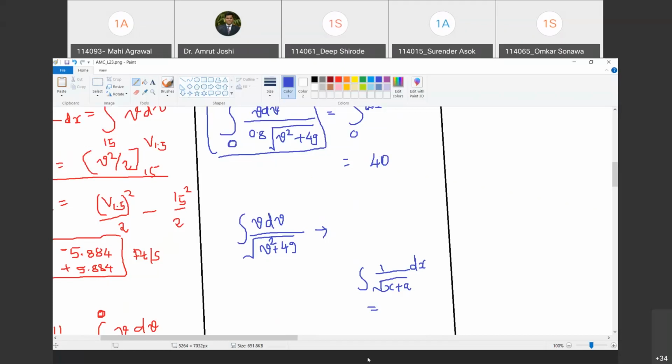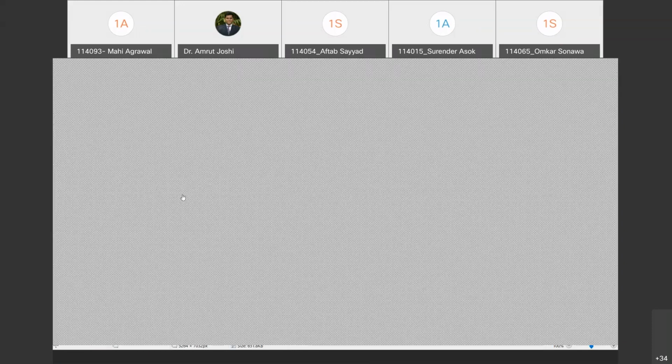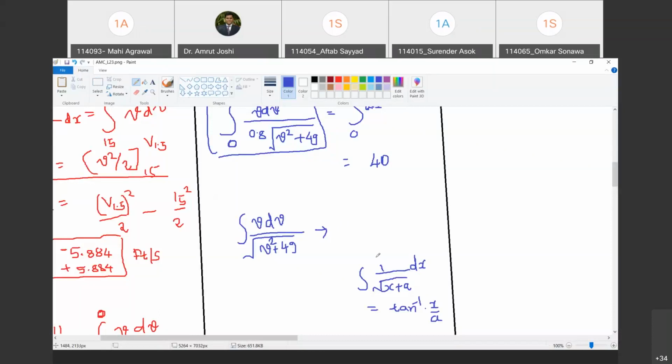Tan inverse. Yes, tell me. Tan inverse x by a. Is that correct? Tan inverse x by a. Is it right? Somebody please confirm if it is right. One minute.